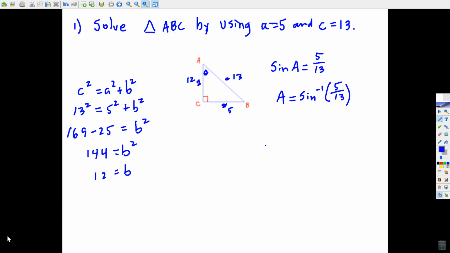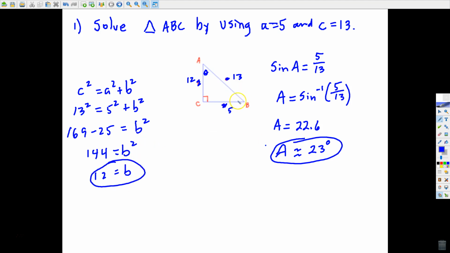And after doing that, you're going to have the measurement for angle A. Oh, I'm sorry, on the instructions you're told to round angles to the nearest degree. So it starts off at 22.6 and following, but to the nearest degree, that'll be 23 degrees. That's angle A.